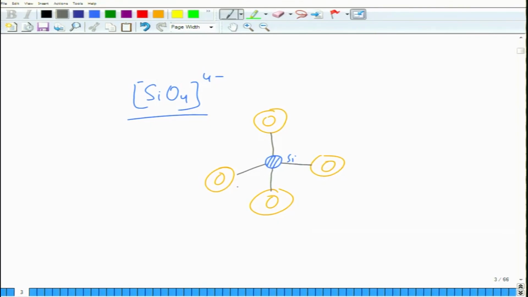If you connect these atoms here, this basically makes a tetrahedron, and at the center of the tetrahedron is this silicon atom. Since it has this minus 4 charge on it, it is not electrically neutral. As a result, it needs to have sharing of oxygen atoms to ensure overall electrical neutrality.